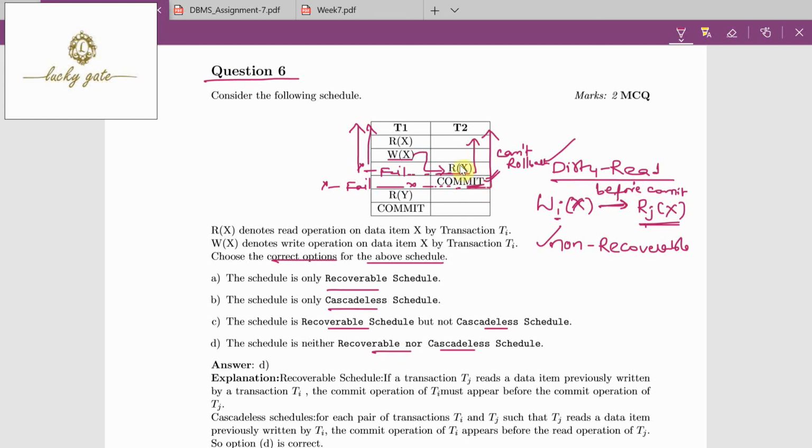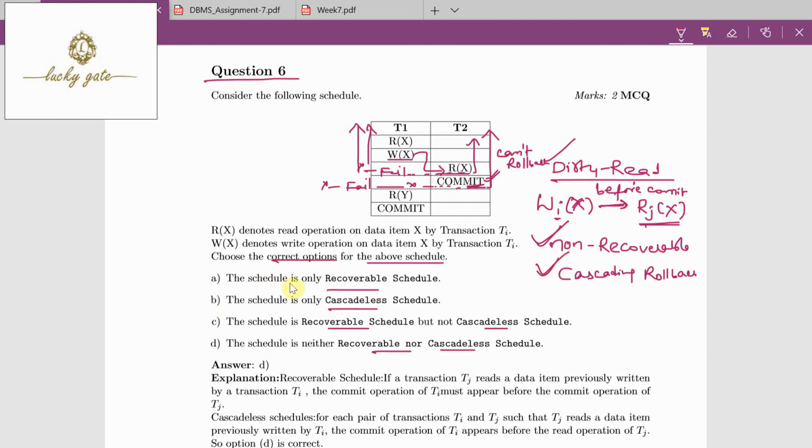Because the execution of T2 depends on T1, and because T1 failed before T2 commits, rollback of T1 requires rollback of both T1 as well as T2. It means it also has the problem of cascading rollbacks. So the given schedule has 2 problems: non-recoverability and cascading rollbacks.